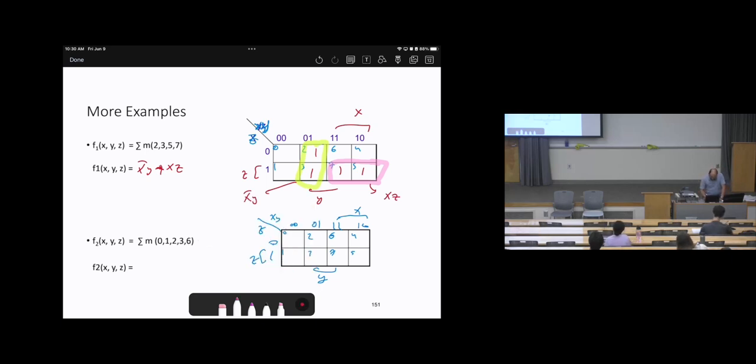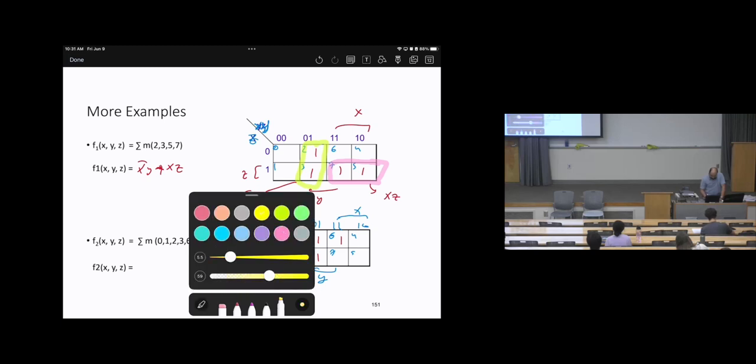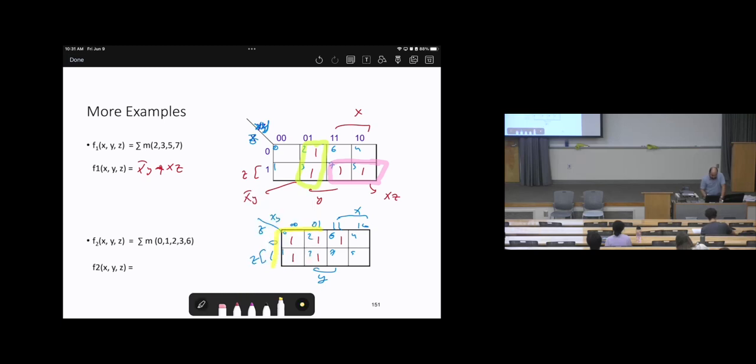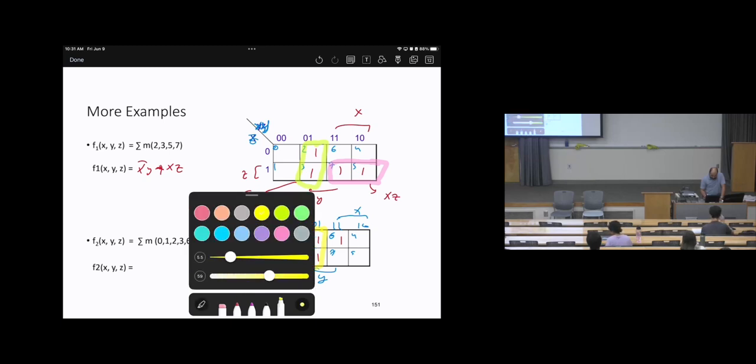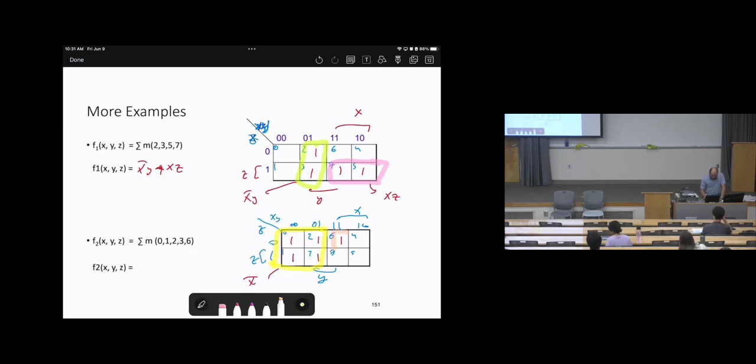So we have 0, 1, 2, 3, 6. We can group these 4, and this is the location of x bar. Then this one, the left, we don't prefer to group it alone.